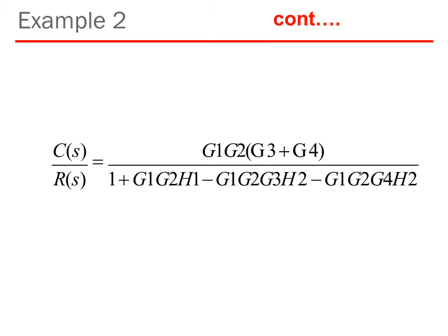So this is the overall transfer function for the given block diagram, represented as C(s) divided by R(s), which is the standard way to represent the transfer function.